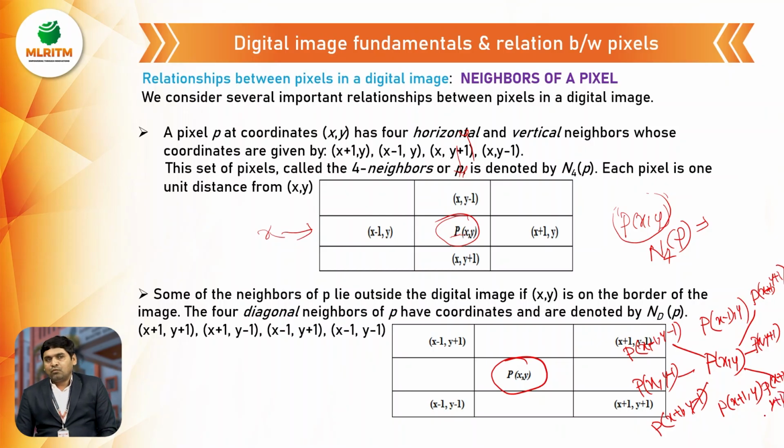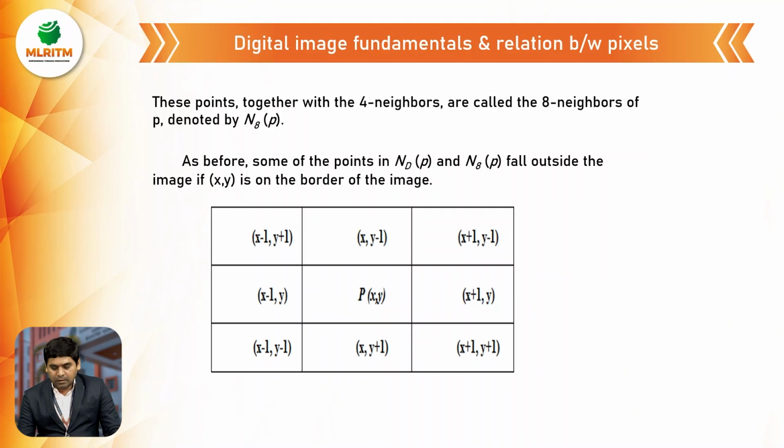These 4 diagonal neighbors of p of x comma y are represented by nd of p. We know n4 of p and nd of p, explained just before.